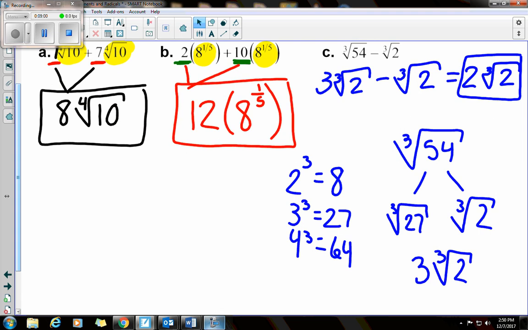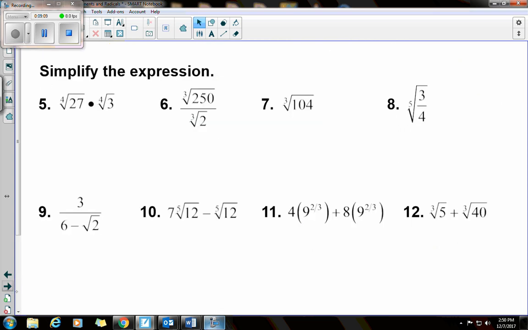Okay, so there is our 5th example. Now I've got an entire another slide full of problems that are similar to this.